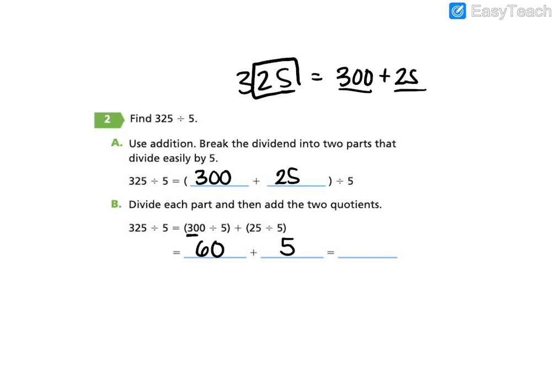So now that I've found my two partial quotients, right, 60 and 5 are my two partial quotients. I've divided that dividend. I need to add them together to find the total quotient of this problem, which is 65. So I know that 325 divided by 5 is equal to 65.